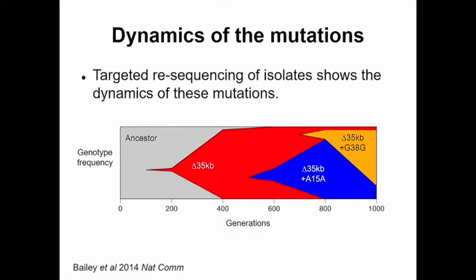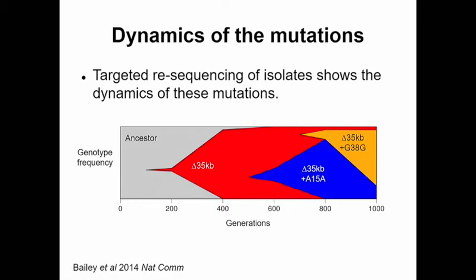And then we see that second synonymous mutation arising on that deletion background, so a different clone here, and then starting to increase. And it looks like we've got clonal interference going on, and that second synonymous mutation is eventually going to win out, but we hadn't quite got there by the end of 1,000 generations.